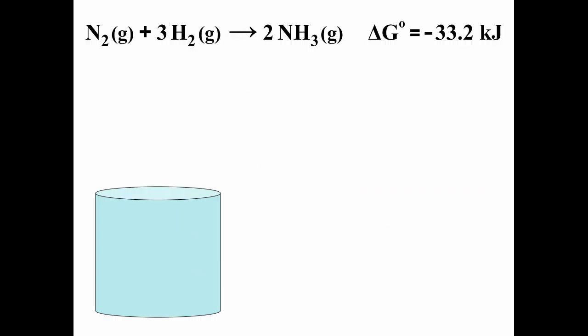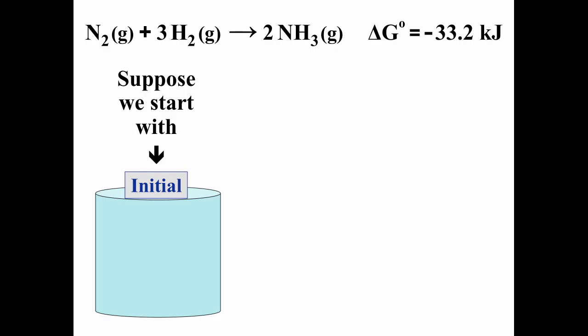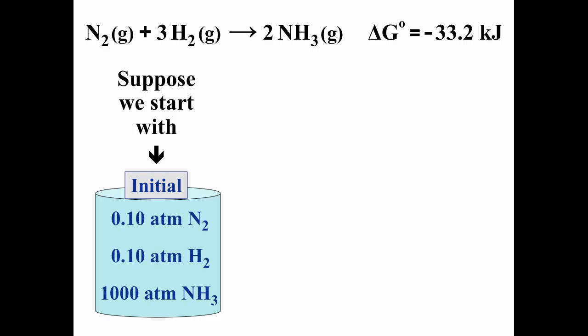Now, suppose we do this reaction under non-standard conditions, and the amounts we used for our initial amounts in class were 0.1 atmosphere each of N2 and H2 and 1,000 atmospheres of NH3. And notice, if we start with very little N2 and H2 and lots of NH3, it's not too crazy to think that maybe the reaction won't go further to the right.